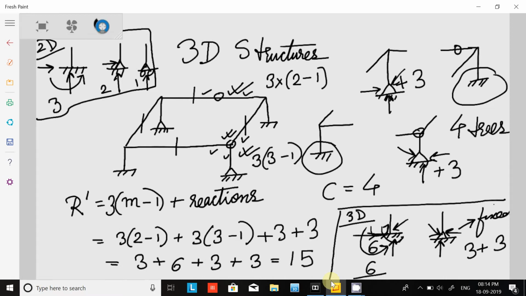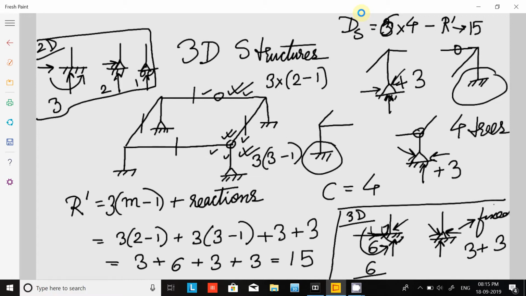So ultimately what is the value of the degree of static indeterminacy? Sorry, for the degree of static indeterminacy it is 6 into cuts minus r prime.